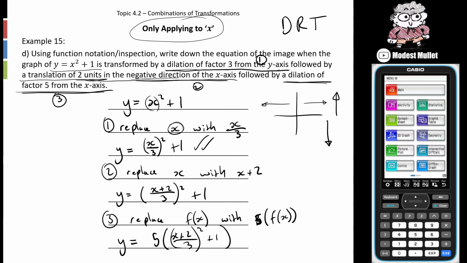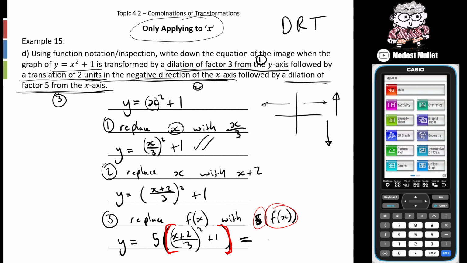plus 1. Now, I've put these extra brackets in. Let me put them in red so we can see. That's really important because the 5 needs to be multiplied by everything. It's 5 multiplied by f of x, and currently f of x is what's in the red brackets. So we could then expand that out to simplify this a little bit.